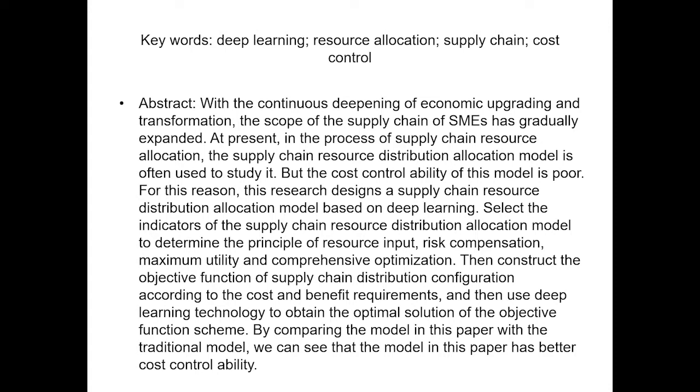With the continuous deepening of economic upgrading and transformation, the scope of the supply chain of SMEs has gradually expanded. At present, in the process of supply chain resource allocation, the supply chain resource distribution allocation model is often used to study it.